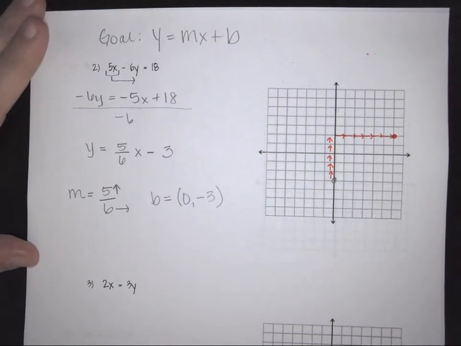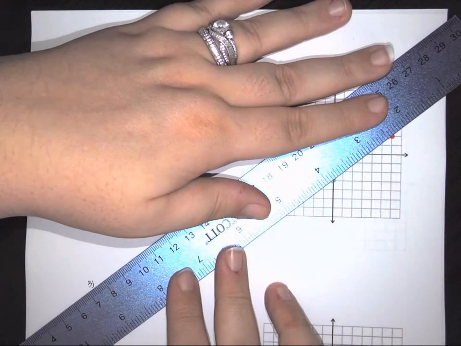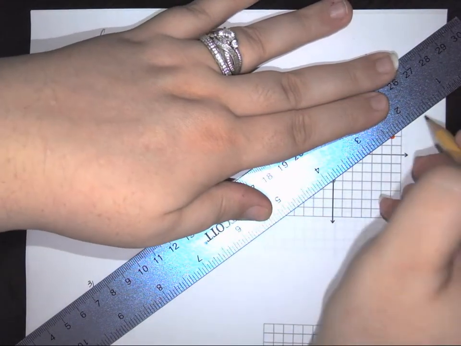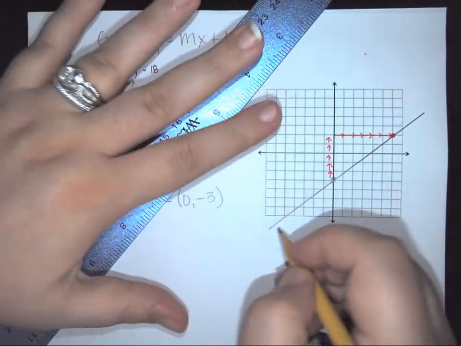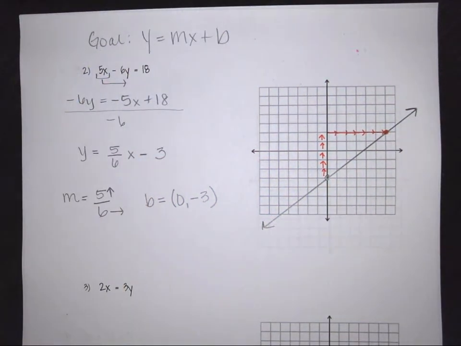Okay, so rise over run. Again, then I can connect my points here, draw my line, and I'm finished.